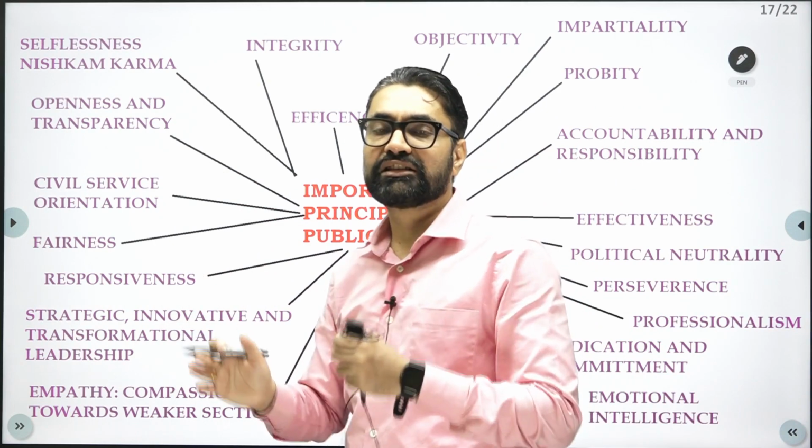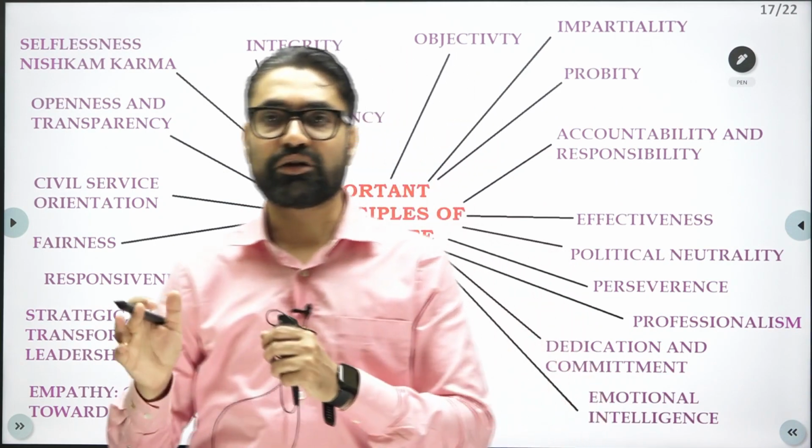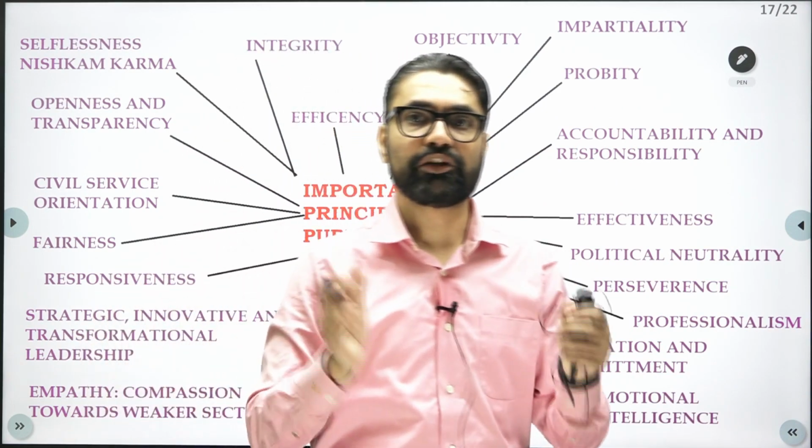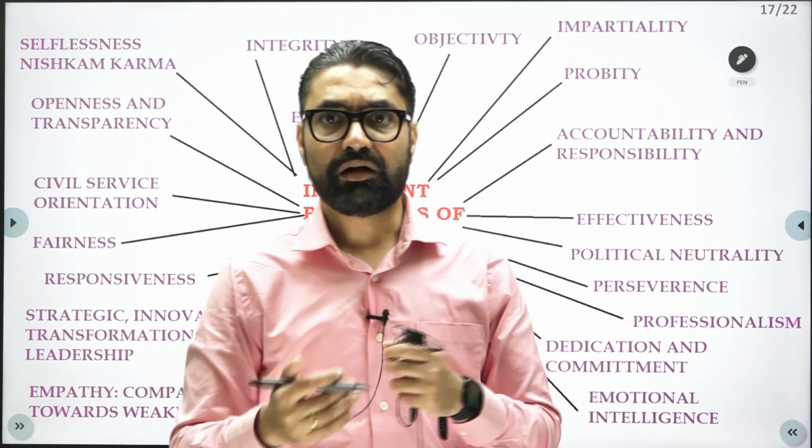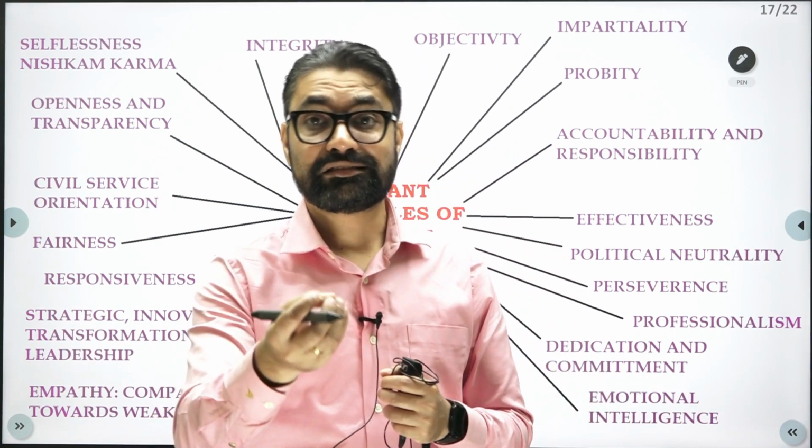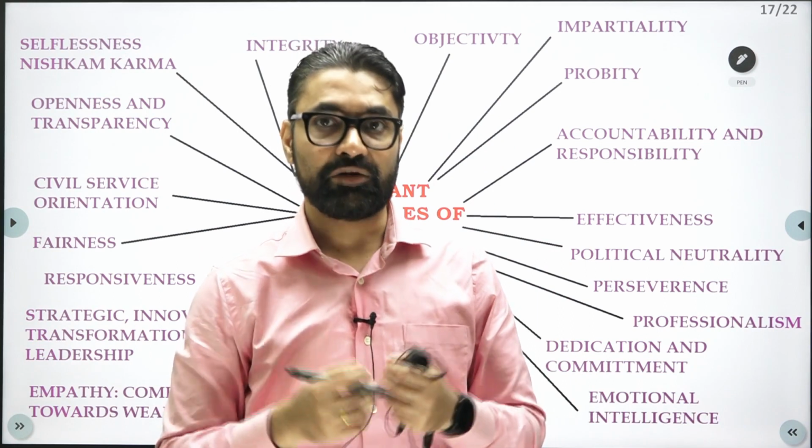And once you study all these values, guys, then your part of administrative ethics gets covered very thoroughly. So they will ask you what are the 7 E's of governance, 6 E's of governance.